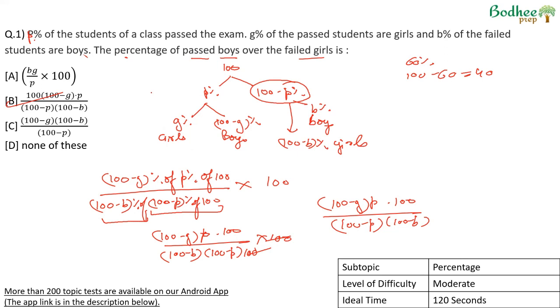If we do that, suppose we take the value of P as 60, G as 70, B as 30, or B as 20, again, the calculation might become a lot more cumbersome. And therefore, I'm saying moderate level of difficulty, 2.5 minutes to solve the question. If you're able to spot it quickly, then obviously 2 minutes, but moderate level of difficulty overall.